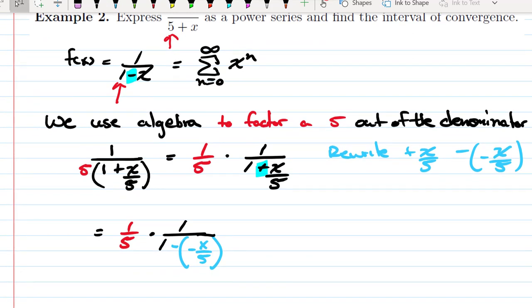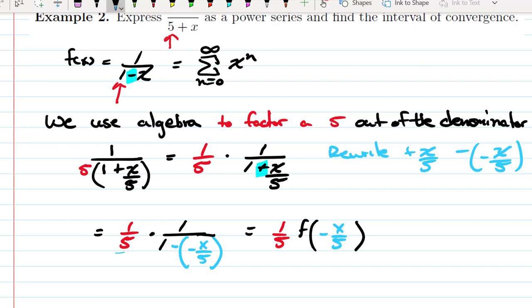So to get this in terms of f of x, it is going to be 1/5 times f evaluated at negative x over 5. So this is composition with negative x over 5 and multiplication by 1/5.